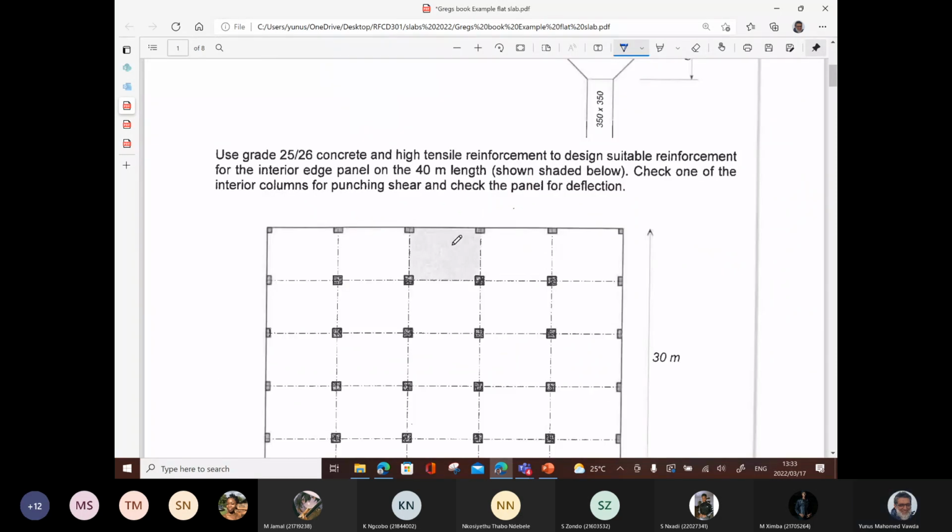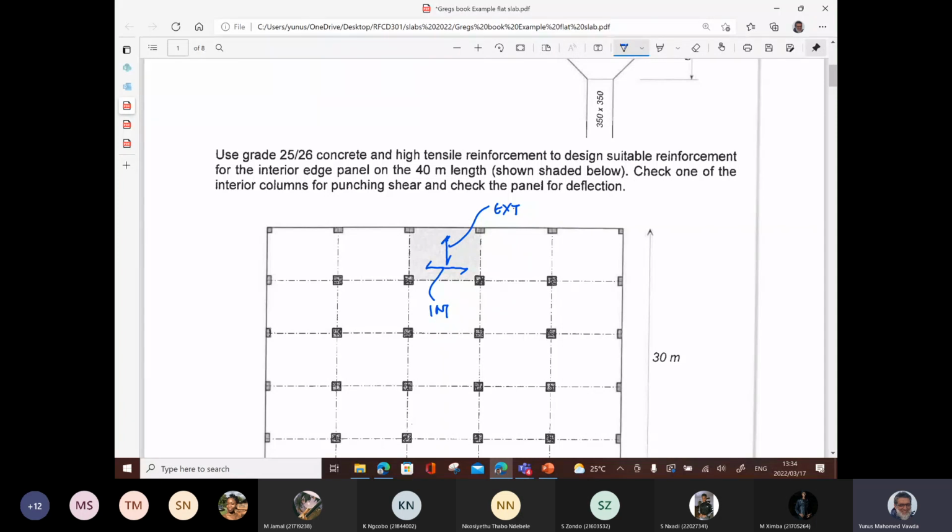But in terms of this direction, we can consider that as exterior, and in terms of this direction, it is considered interior. Are you with me?